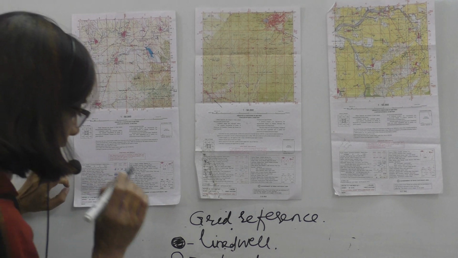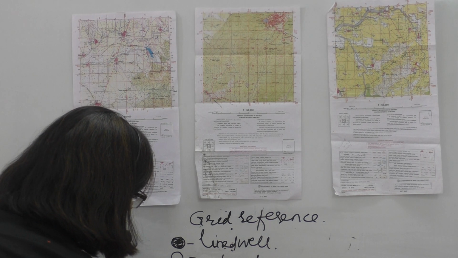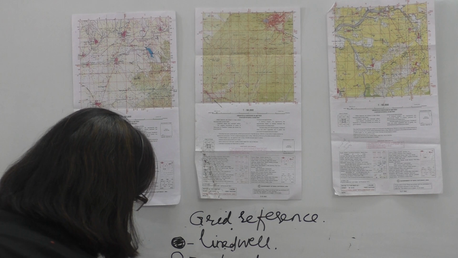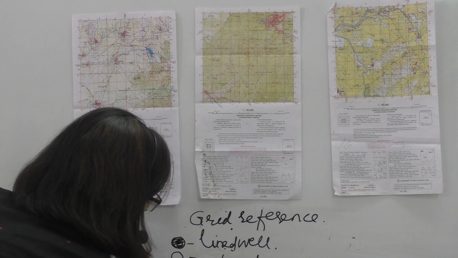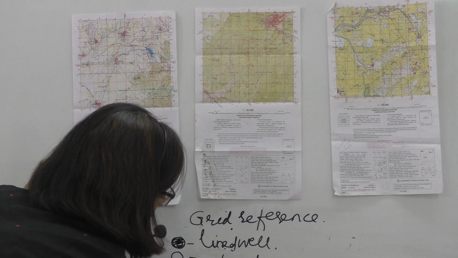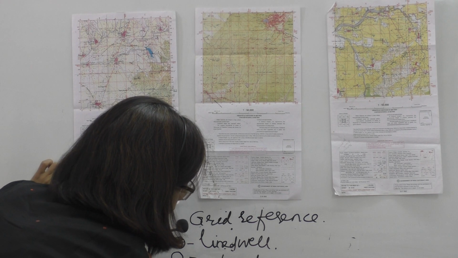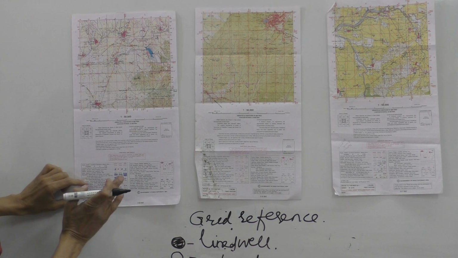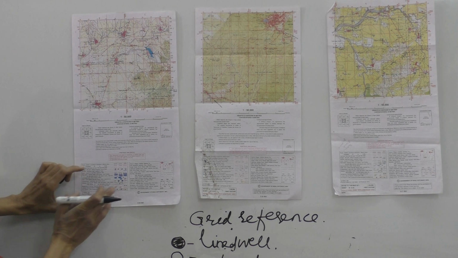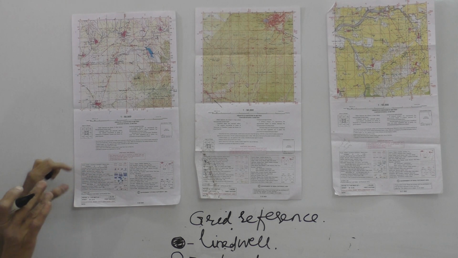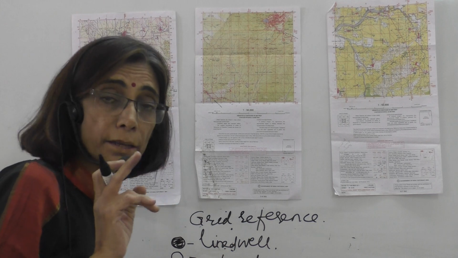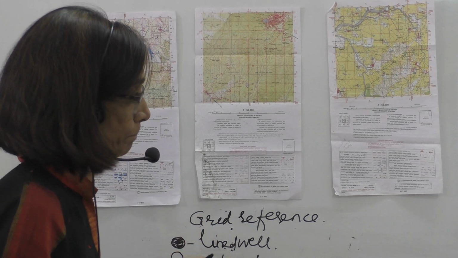Then a black colored tree is a survey tree, which you will get over here, and it is also asked in your grid reference.